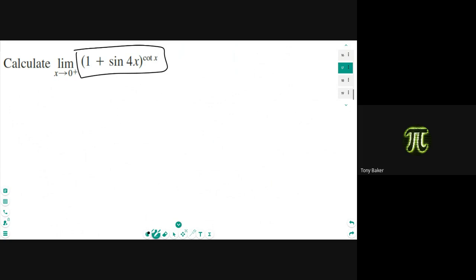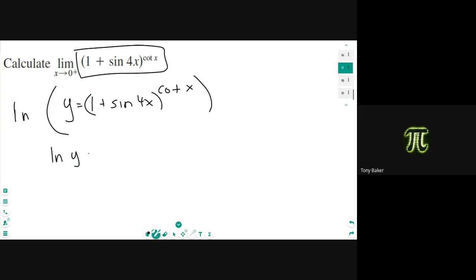So let's rewrite this problem. If I do the natural log of the whole problem, I would get ln of y equals cotangent of x times ln of 1 plus sine 4x, right?